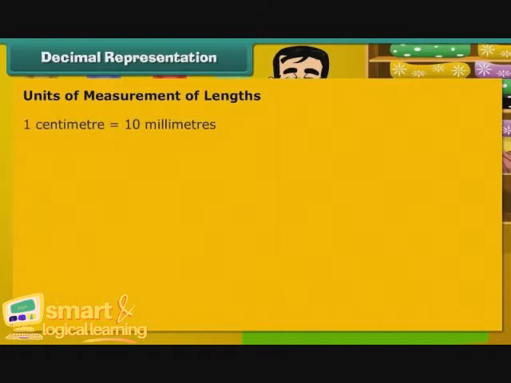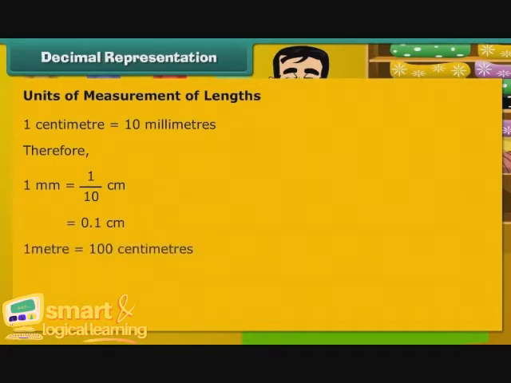1 centimeter is equal to 10 millimeters. Therefore, 1 millimeter is equal to 1/10 centimeter. That is equal to 0.1 centimeter. 1 meter is equal to 100 centimeters. Therefore, 1 centimeter is equal to 1/100 meter.